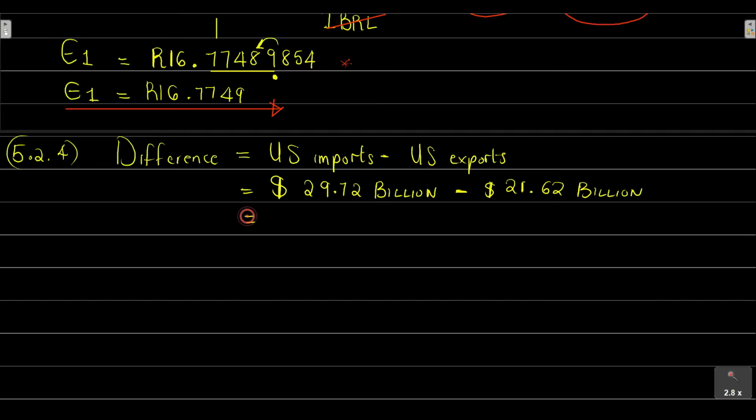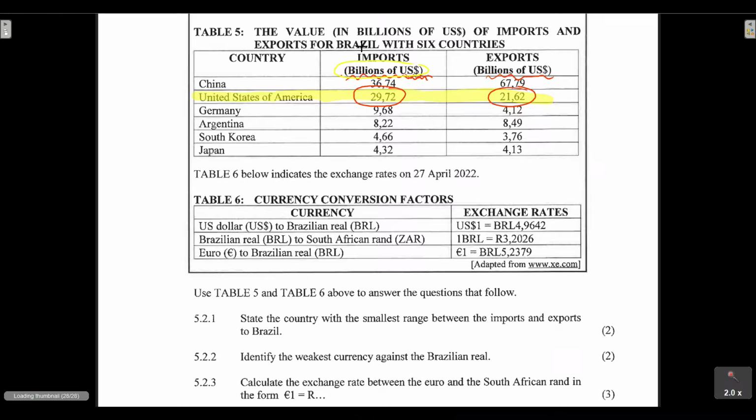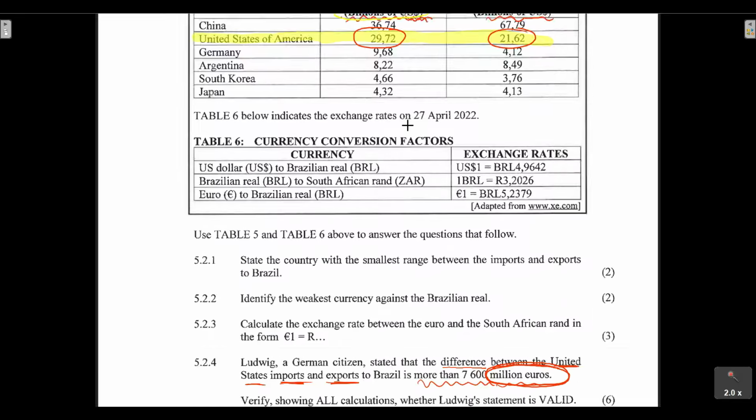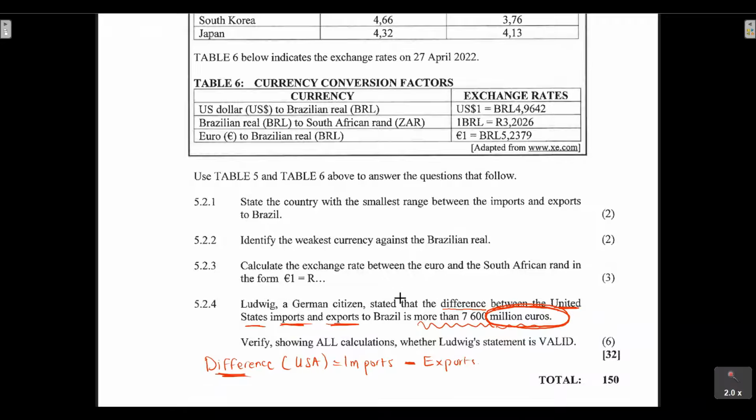If you punch these two values into your calculator, 29.72 minus 21.62, what do you get? You get 8.1 billion US dollars. However, the question basically wants us to verify whether his statement was correct.